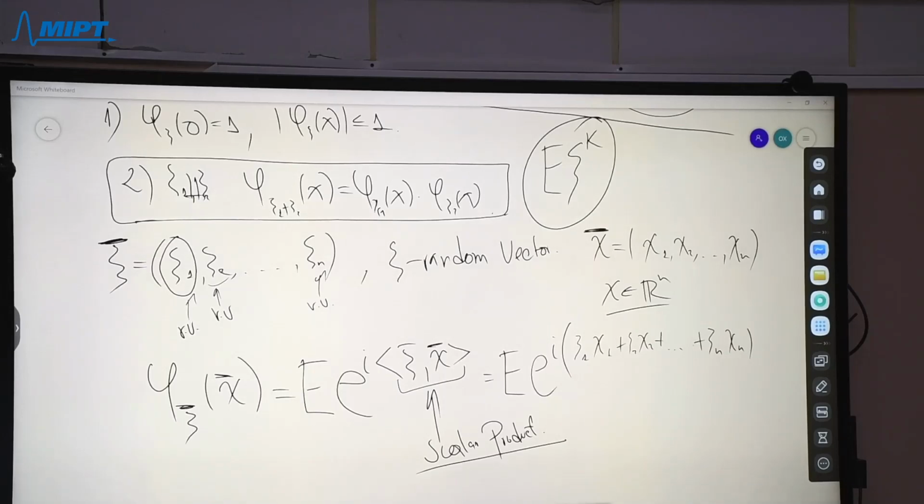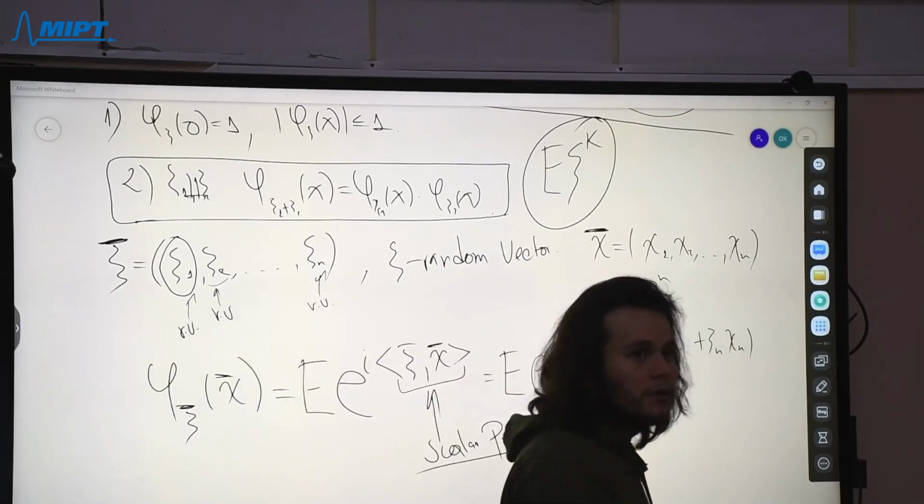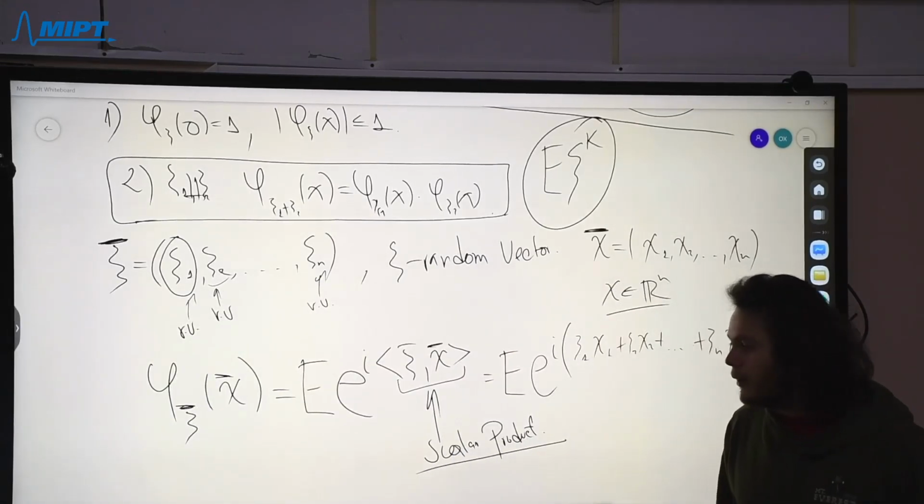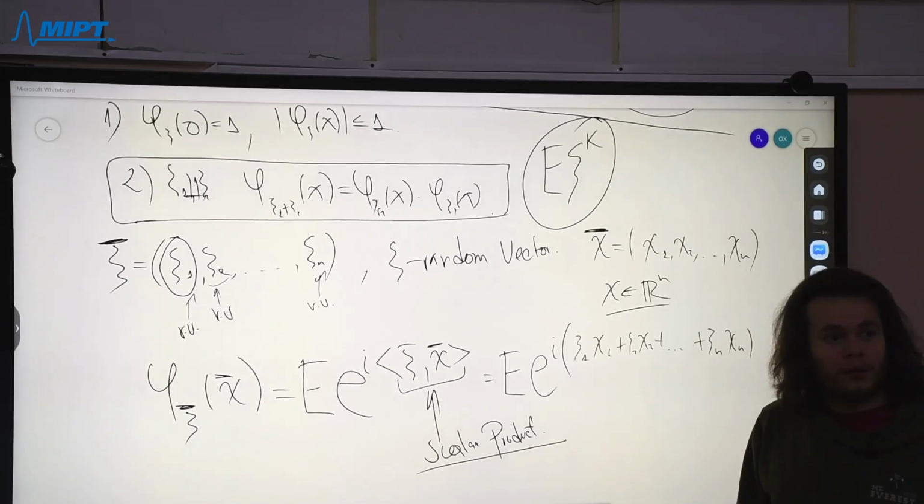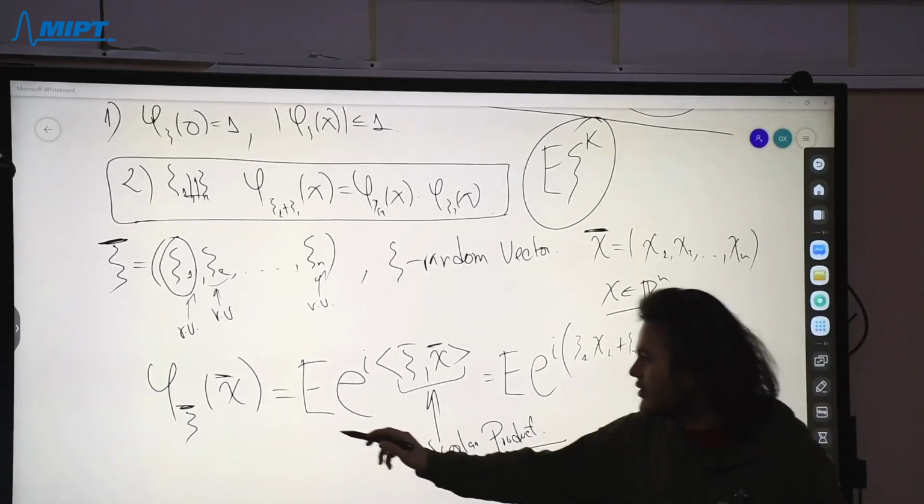And this is useful because we can state the following theorem. This is the criterion of independence of random variables, of this random vector, right?